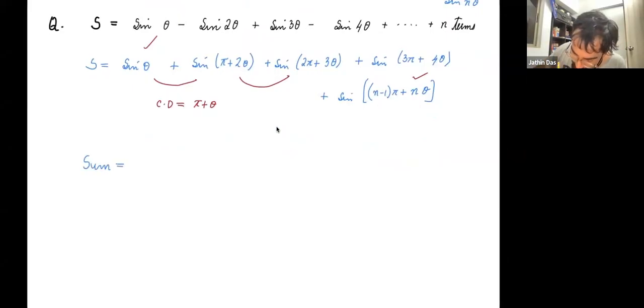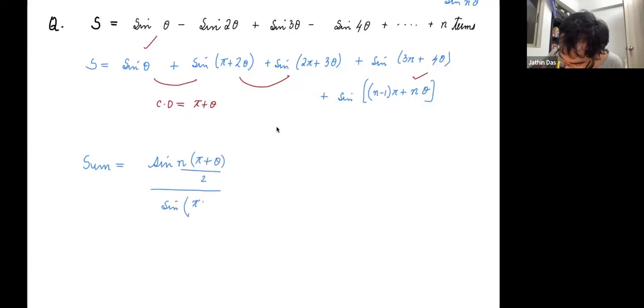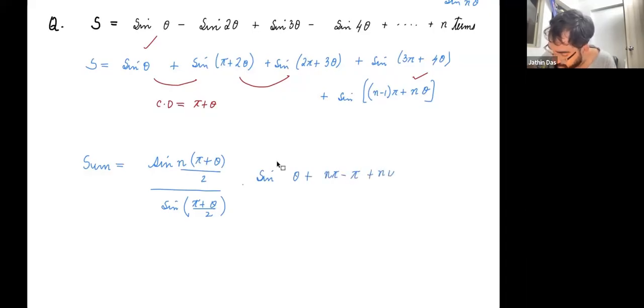Sum will be equal to sine n terms, n pi plus theta by 2, sine pi plus theta by 2, into sine first term theta plus n pi minus pi plus n theta.